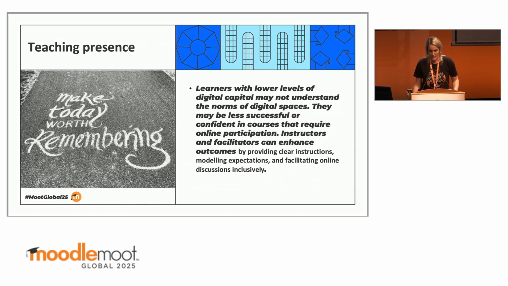What do you mean by a post? What should it contain? How long should it be? Should it be referenced? These are the kind of questions that someone who is not used to this environment might have. Others might have them too, but they may be more confident in just posting anyway, whereas a learner with lower digital capital might be inhibited by that.